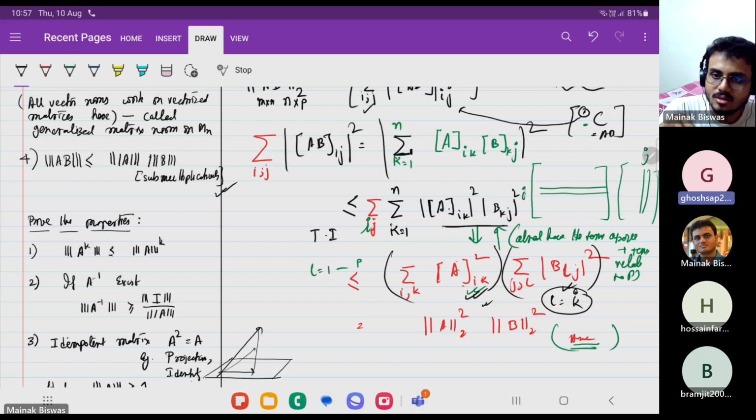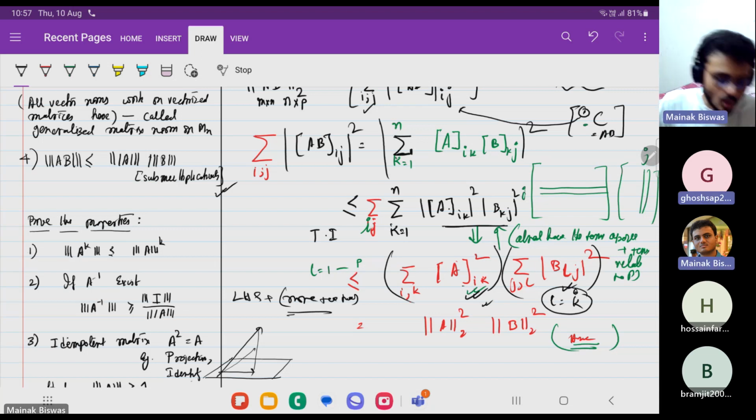Do you agree the less than equal to sign will come? Yes, it will become even more. So this will be LHS plus some more positive terms, so greater than or equal to will come. Already greater than or equal to was there due to triangle inequality, now we are making it more greater. No problem. If you want to make greater things greater, no problem. Lesser things lesser, no problem in maths. Opposite signs are not allowed.